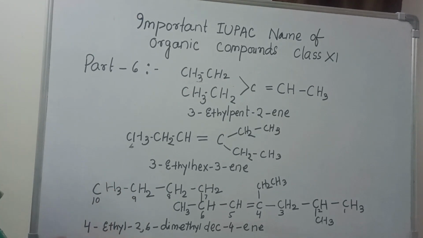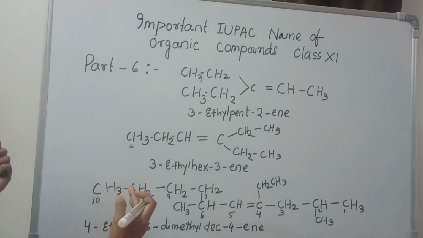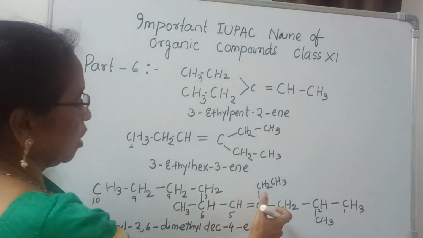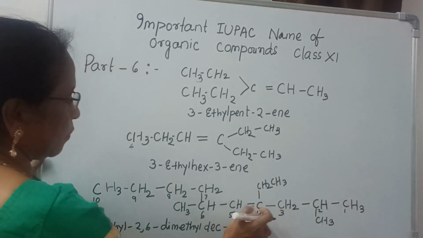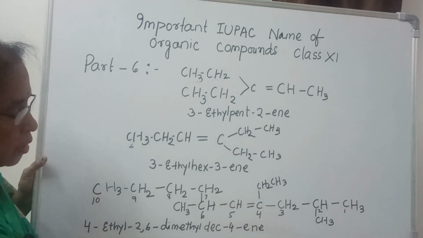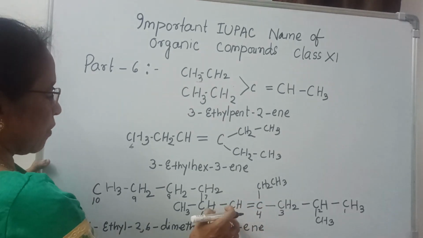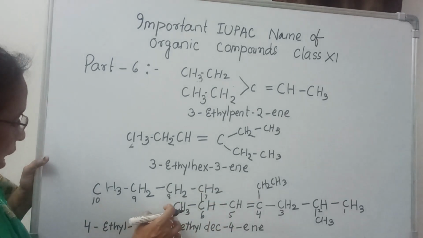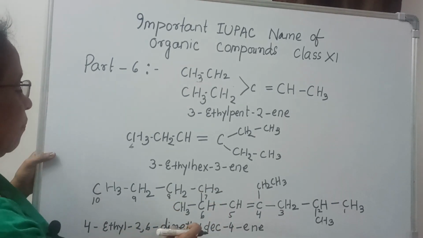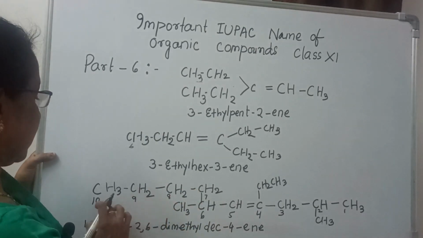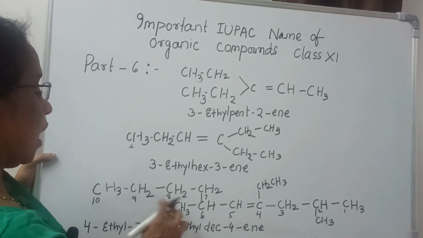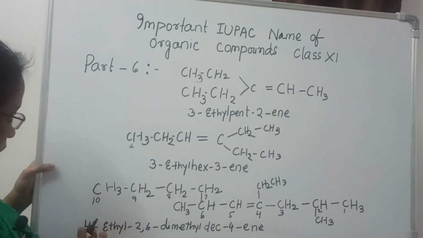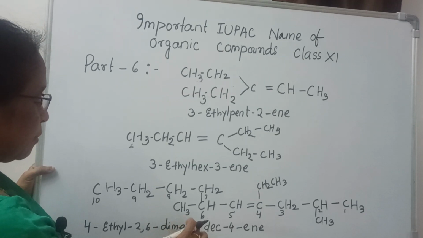Here you can find which side is longest and how. Here there is a very long chain having many branch substituents. 1 2 3 4, after 4 there is a double bond, so 4-ene, and 5 6, then 7, in 6 there is a methyl group, so 6-methyl, 8 9 10, that means in 2 there is a methyl group, in 6 there is a methyl group, so it is 2,6-dimethyl.